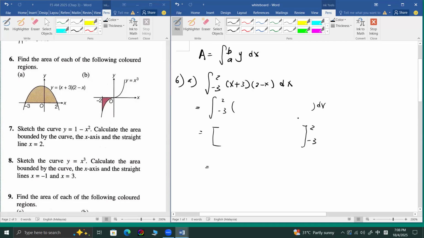It's the same like just now I taught you already. So you substitute when x is 2 minus when x is -3. And you get the answer of 20 and 5/6 unit square.